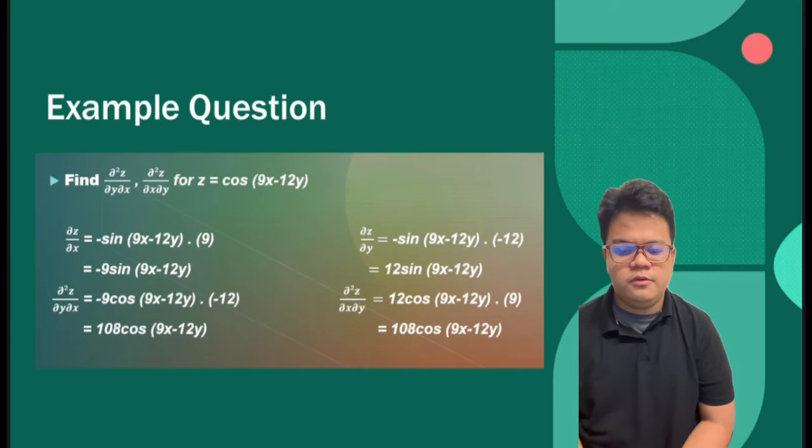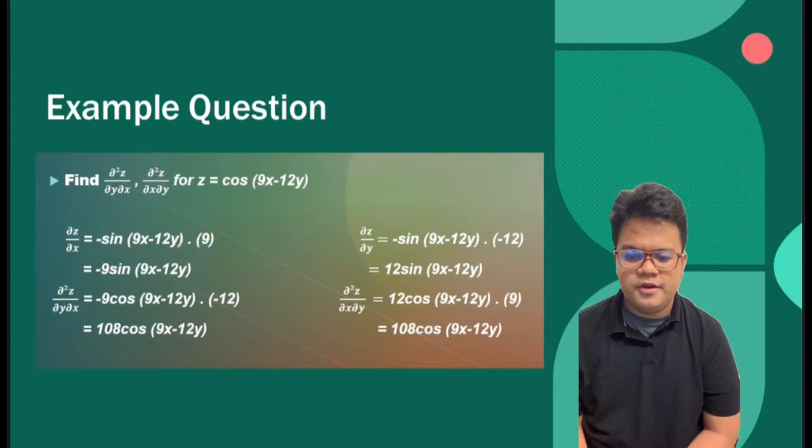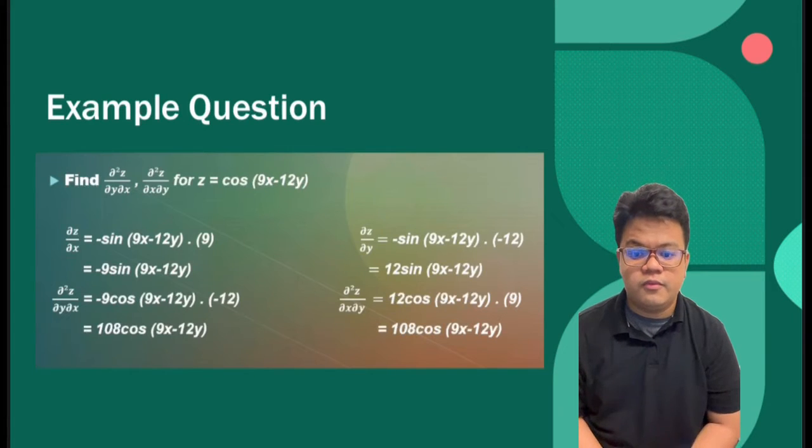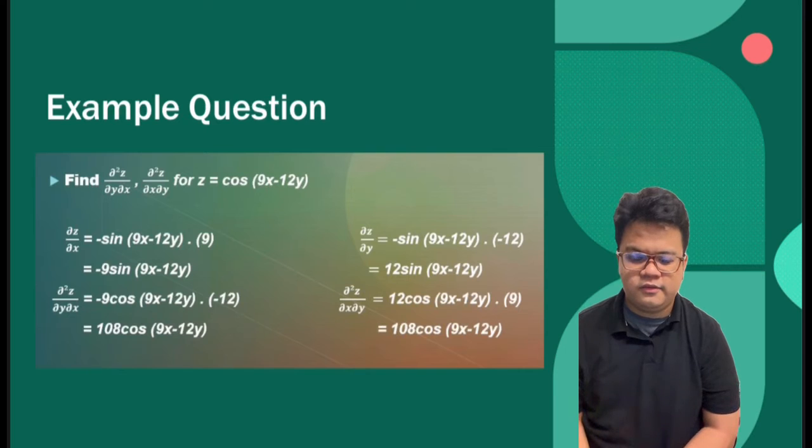And after that, we do the second order, which is partial squared z over partial y partial x, which is equal to negative 9 cos(9x minus 12y) dot negative 12. After that, we multiply negative 12 with negative 9, which is equal to 108 cos(9x minus 12y).